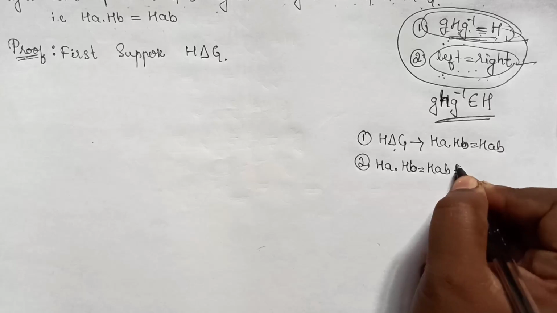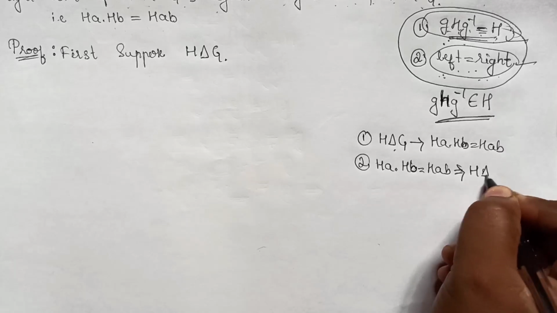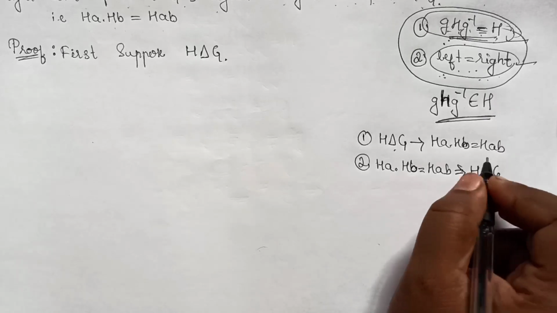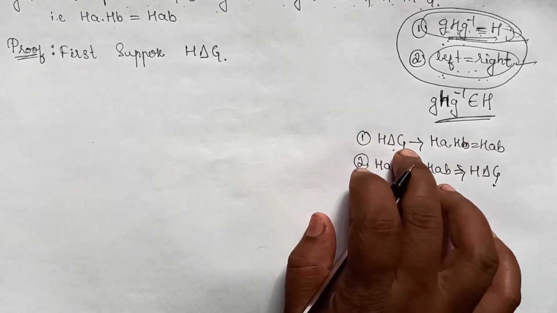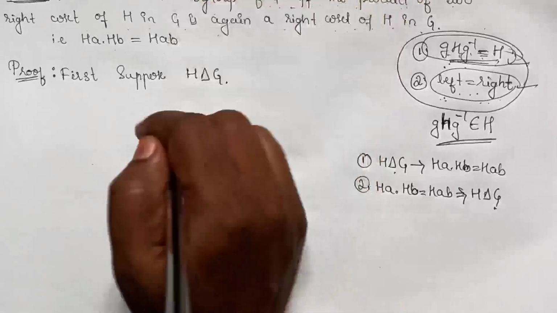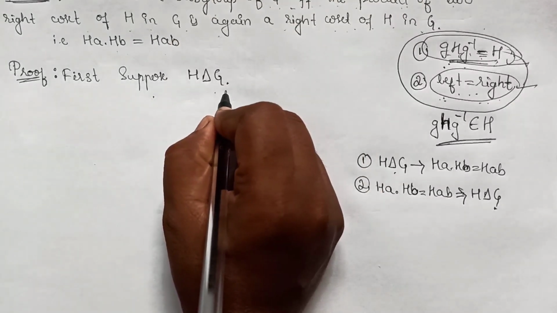Then we have to prove that H is a normal subgroup of G. So here first we assume that H is normal to G.